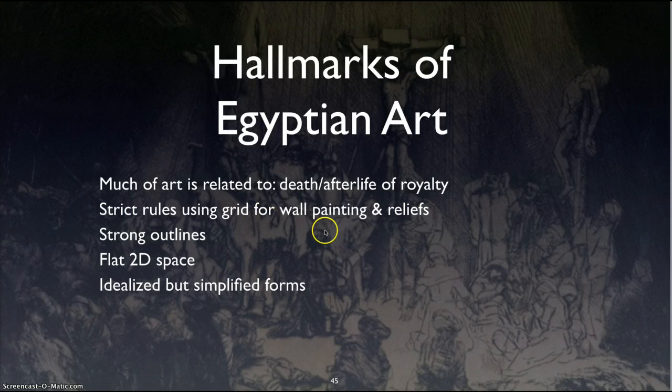Creating their artwork, very strict rules about using a grid and proportions, especially on wall paintings and relief sculptures in stone at different temples. Very strong outline, especially in those wall paintings. They just love to use flat two-dimensional space and then make relief sculptures out of them.